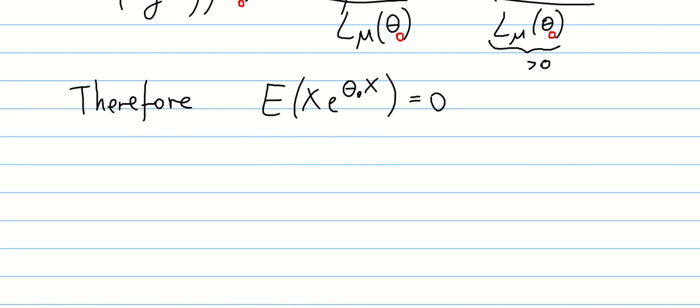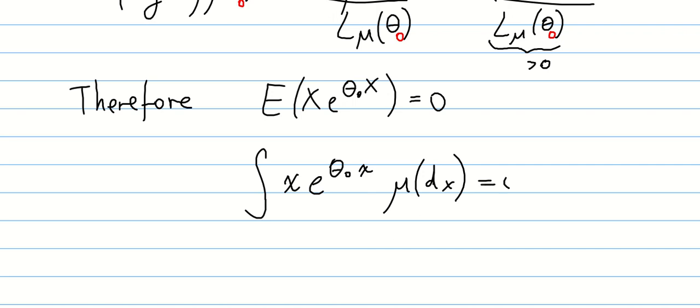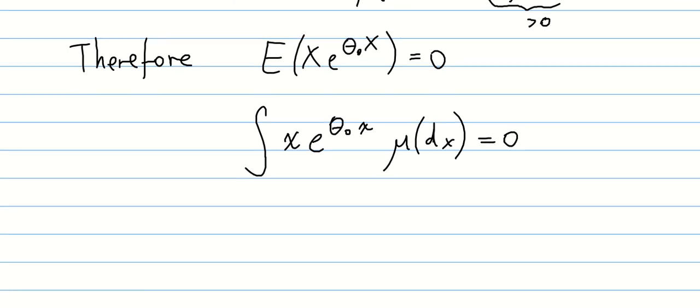So let's write this expectation in an integral form. This is the integral of x e to the theta 0 x mu of dx. I didn't do anything here. We know this is 0. And this looks very much like a Radon-Nikodym derivative.